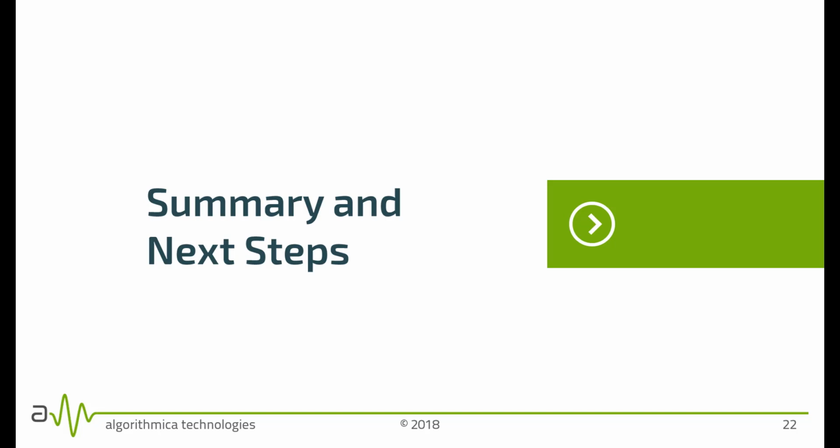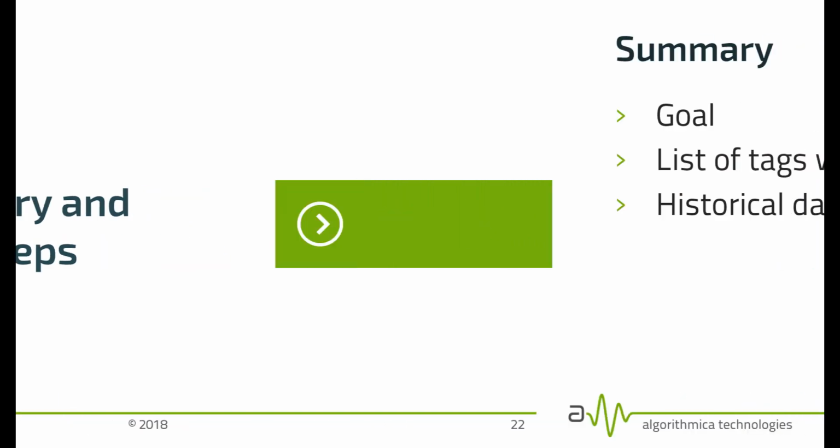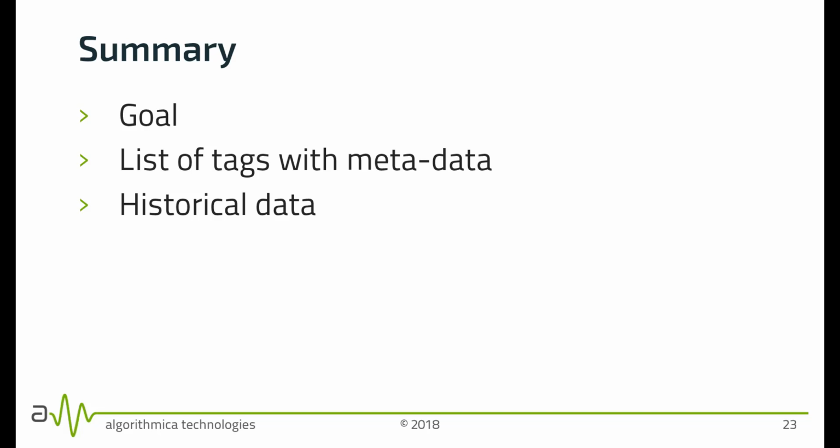Finally, we summarize and discuss next steps. We essentially check whether we have gotten everything we needed. Have we discussed the goal function and made the goal very precise and computable using the actual tags? Do we have a list of all tags that we need to characterize the process, and have we collected its full metadata?